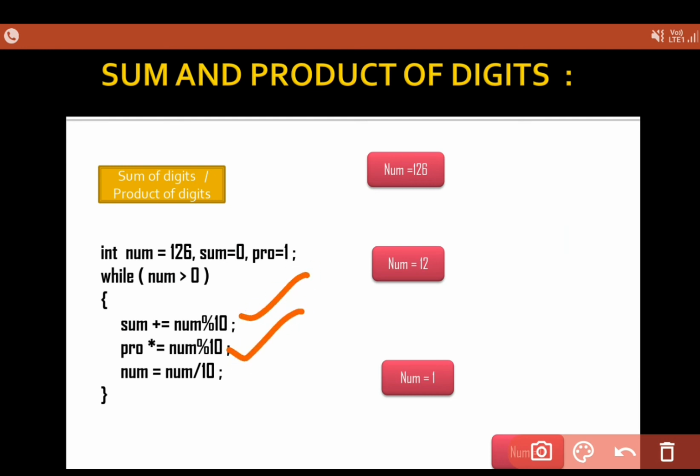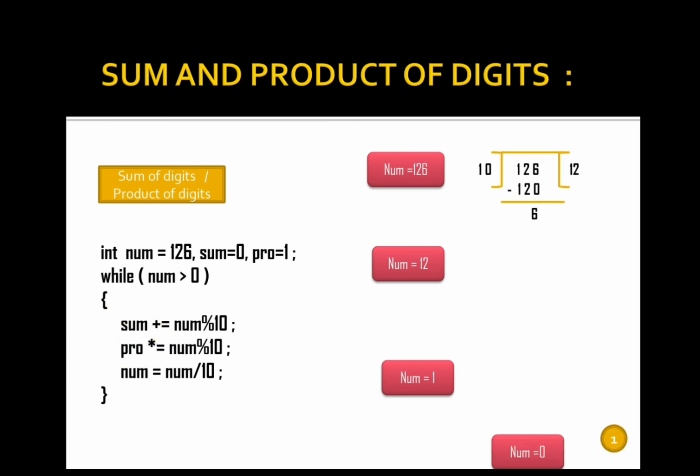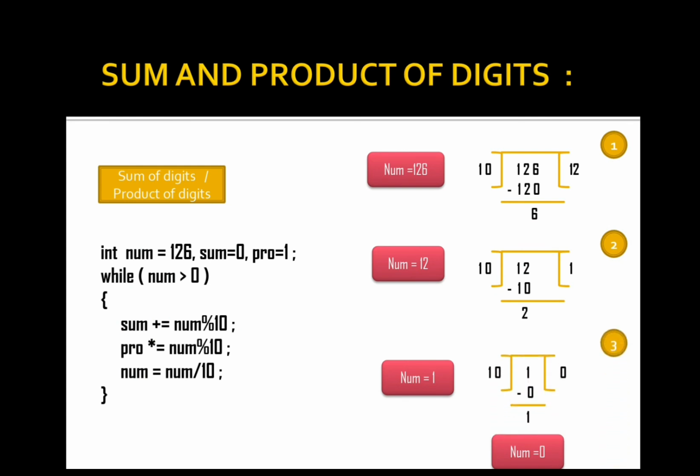I'm computing the product and the sum by the same process I told you earlier. I pick my digits and store them in the sum, and pick my digits and store them in the product. In this way I get the sum and the product of digits.